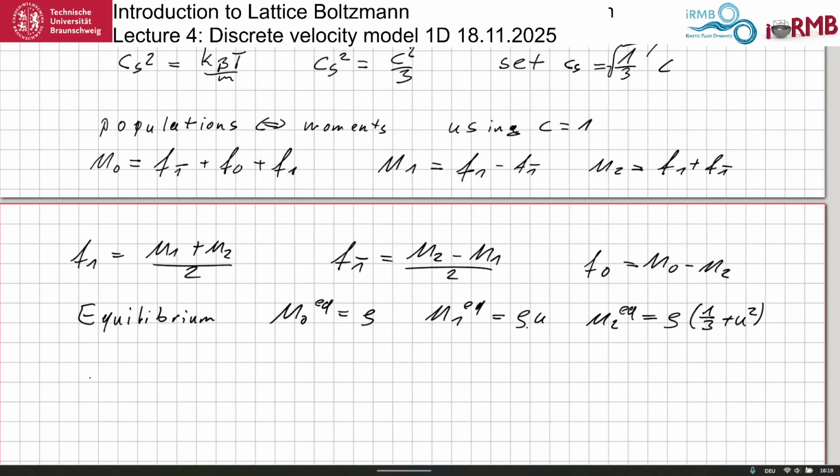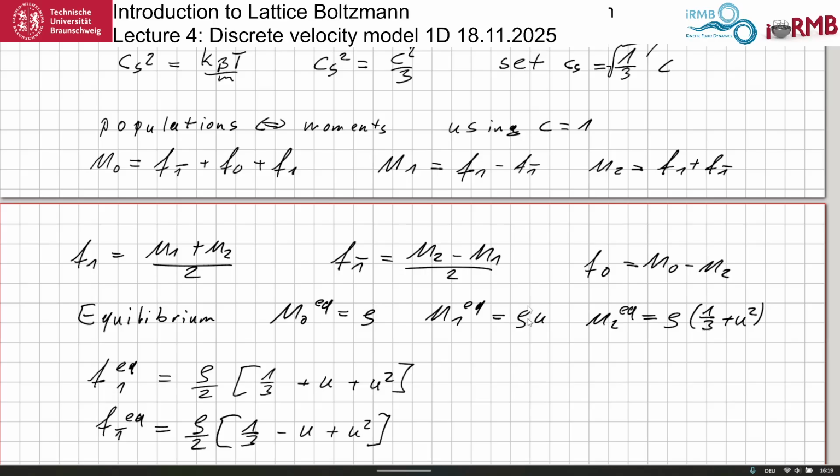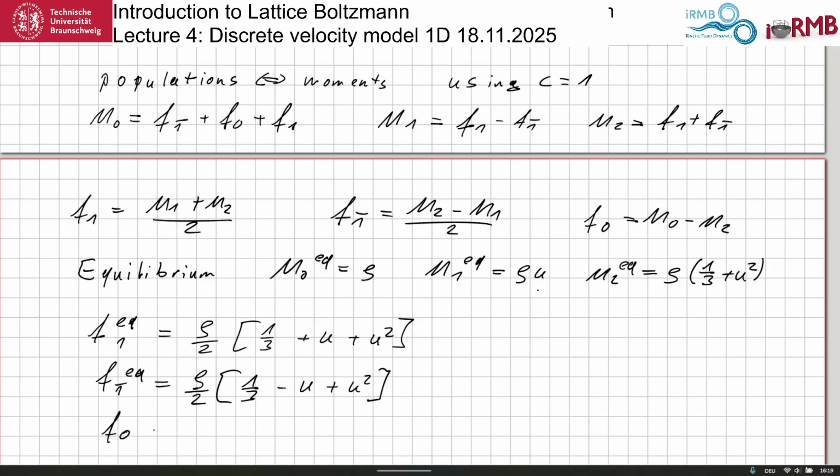Okay, so that can then be translated into f1 equilibrium being rho half times 1/3 plus u plus u squared. f minus 1 looks very similar, obviously, just 1/3 minus u plus u squared. And f0 equilibrium is rho times 2/3 minus u squared. And with this we can now build our BGK equation.